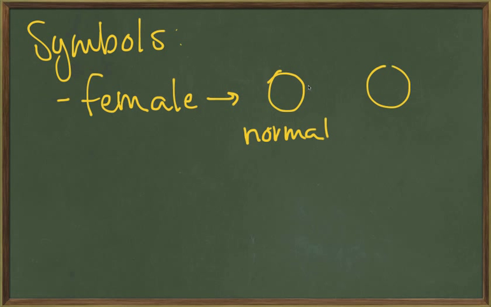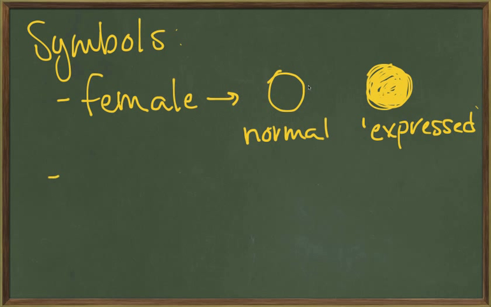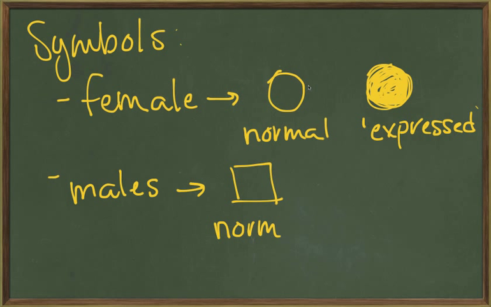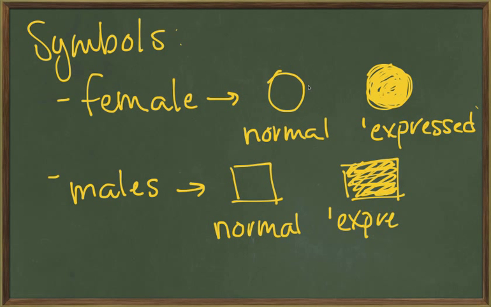If the circle is filled in, then you have the trait, or you have expressed whatever it is the map is looking at. This is when you show the trait. For my males, you're a box. If you're an open box, you're normal. If you are a colored in box, then you express whatever it is this map is talking about.